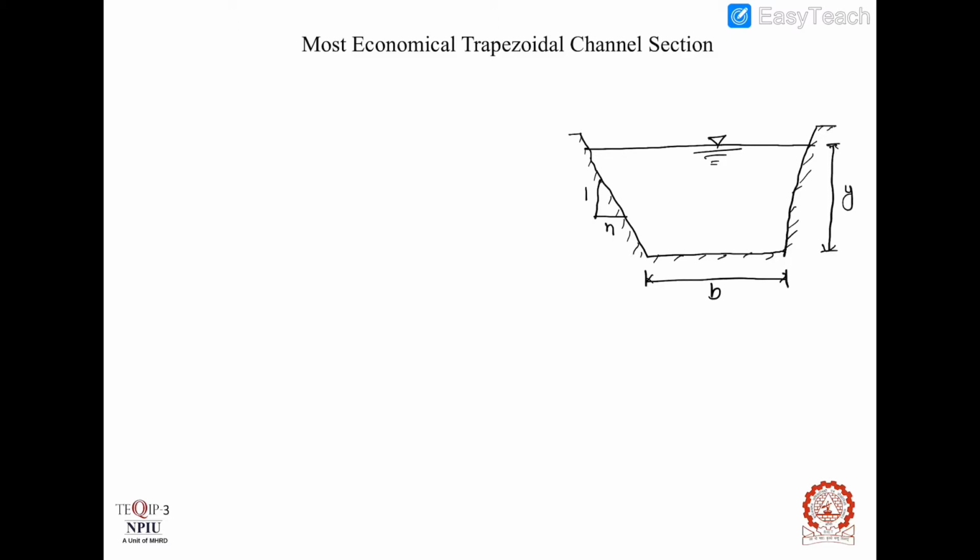Okay, 1:n side slope means if one is vertical, then n will be horizontal.